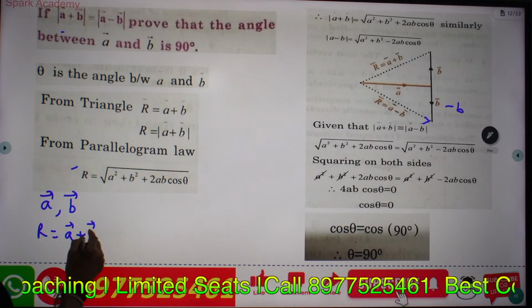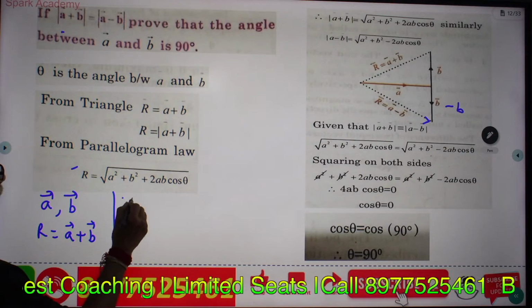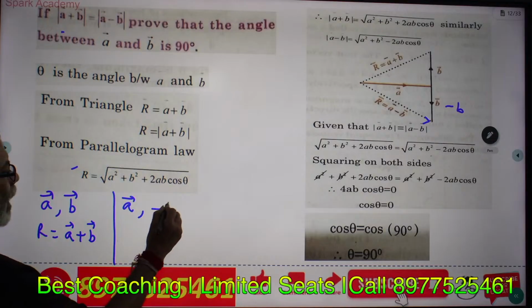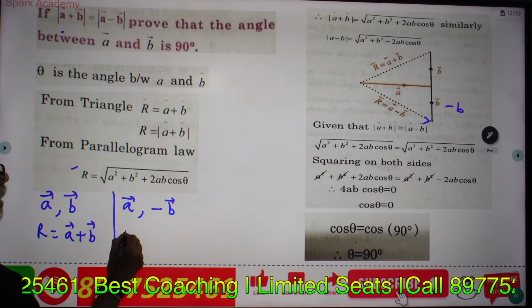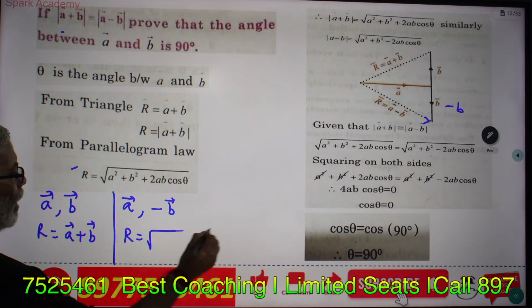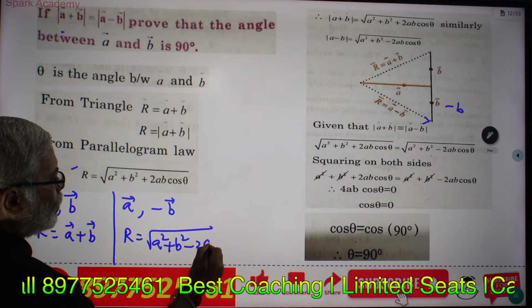Suppose, what is the resultant of vector A and vector minus B? Then in place of B you have to put minus B, and the resultant will be R equal to square root of A square plus B square minus 2AB cos theta.